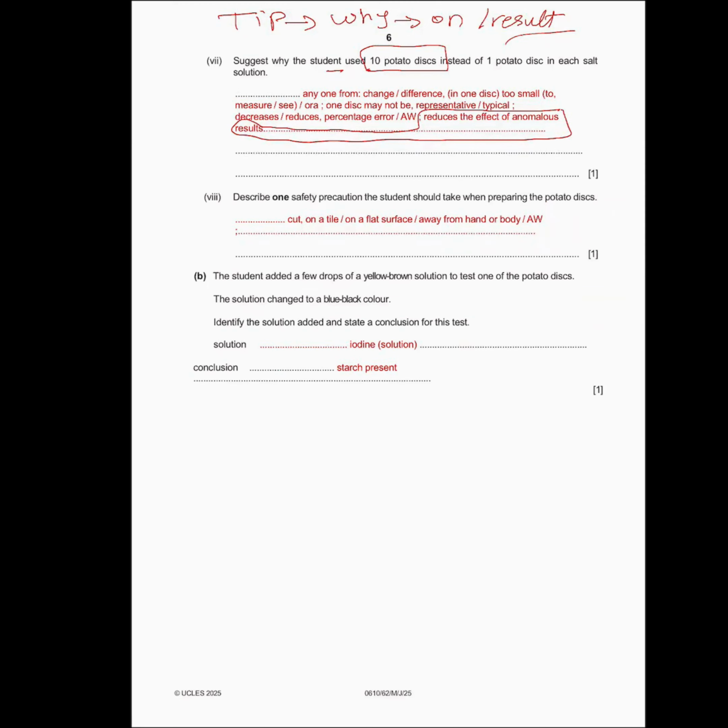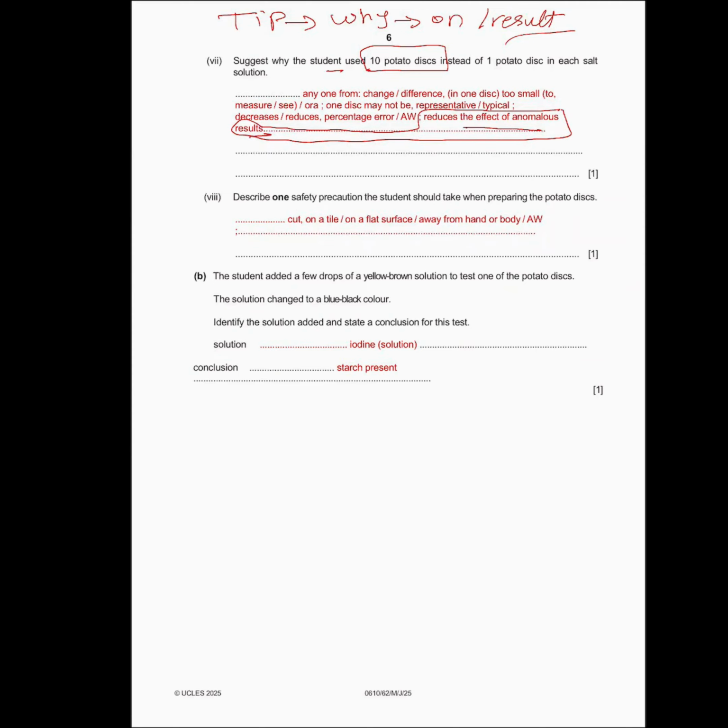Just get it out from your pocket and give it to him. Once he asks why he repeated, why he used this instead of this, why he took an average, why he took a mean, just tell him to reduce the anomalous result.